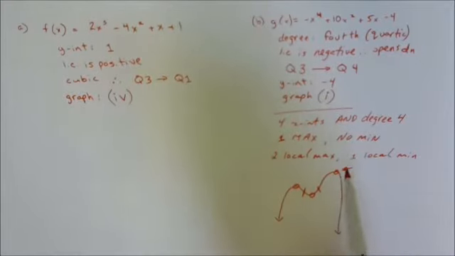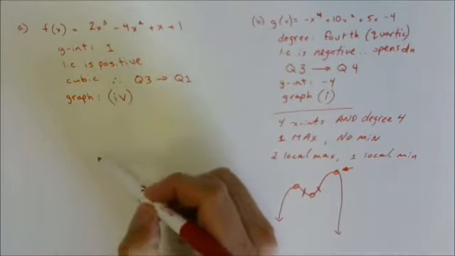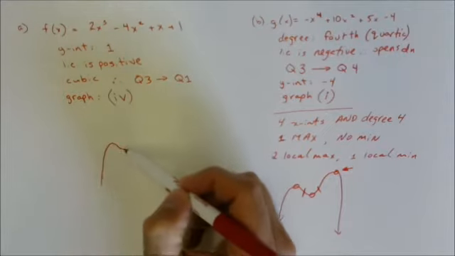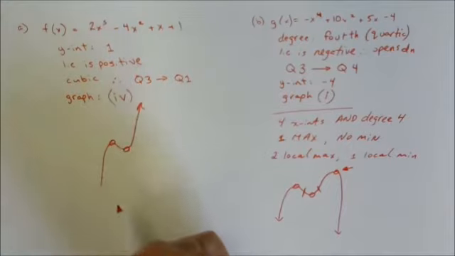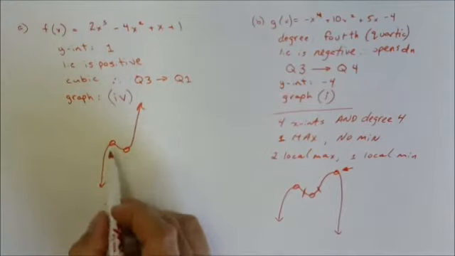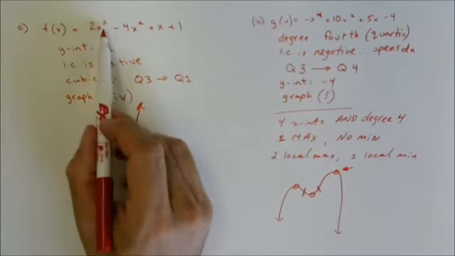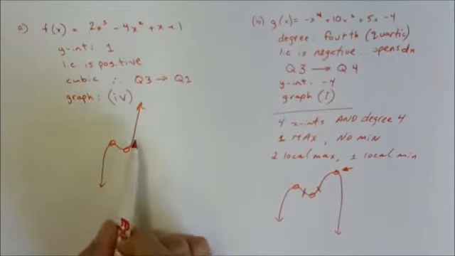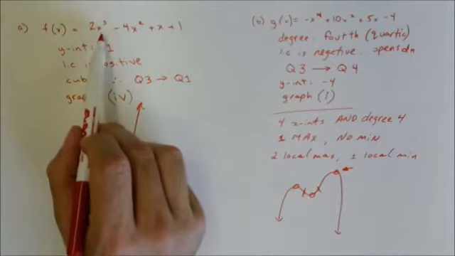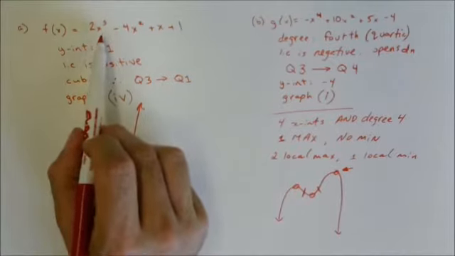We could do the same thing if we went back to A and looked at its graph. It has a local max and a local min for a total of 2, and its degree is 3. So the most ups and downs it can have is 2, 1 less than its degree.